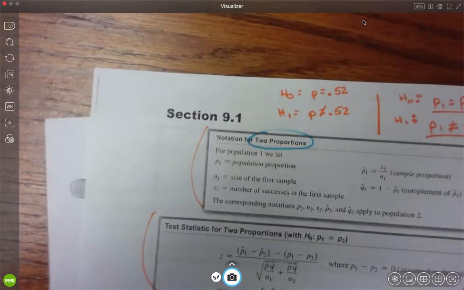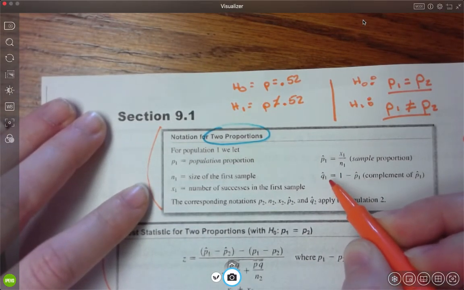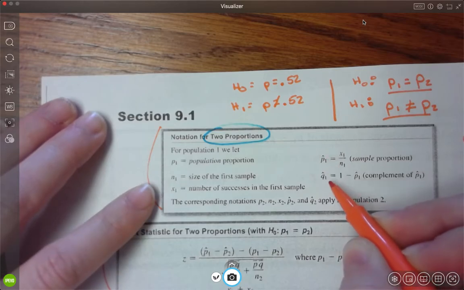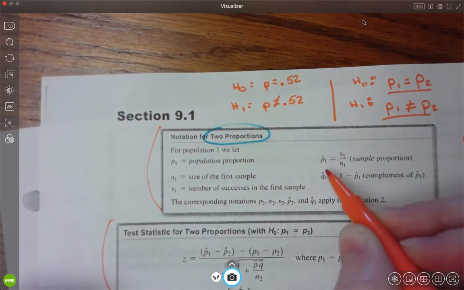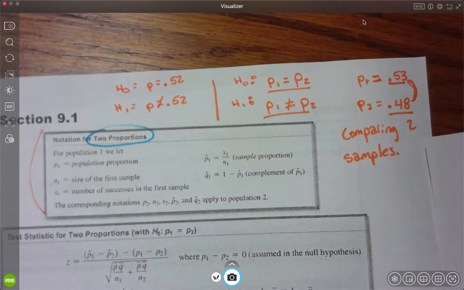When we're talking about proportions, we would have a p hat and a q hat, but now we have p hat 1 and q hat 1. Sometimes they will give this to you, like p hat 1 would be 0.53 and p hat 2 would be 0.48.